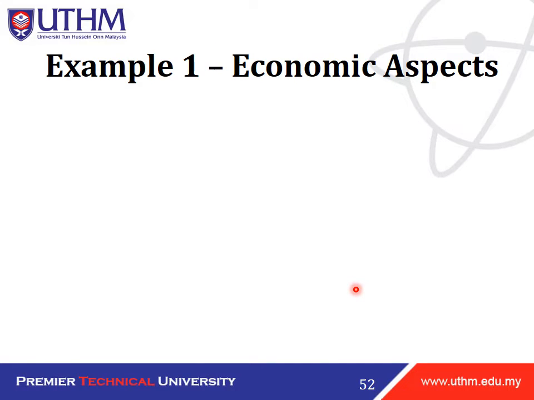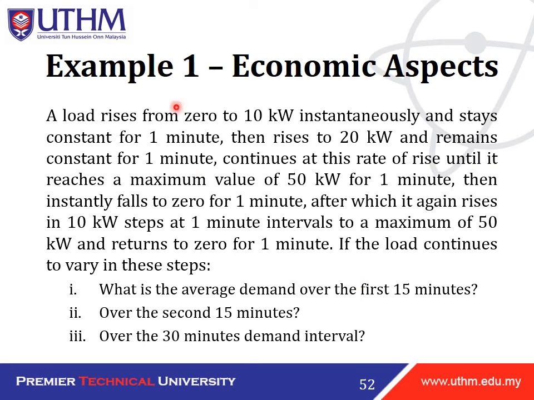Okay, now we go to example 1, economic aspect. A load rises from 0 to 10 kilowatt instantaneously and stays constant for 1 minute, then rises to 20 kilowatt and remains constant for 1 minute.